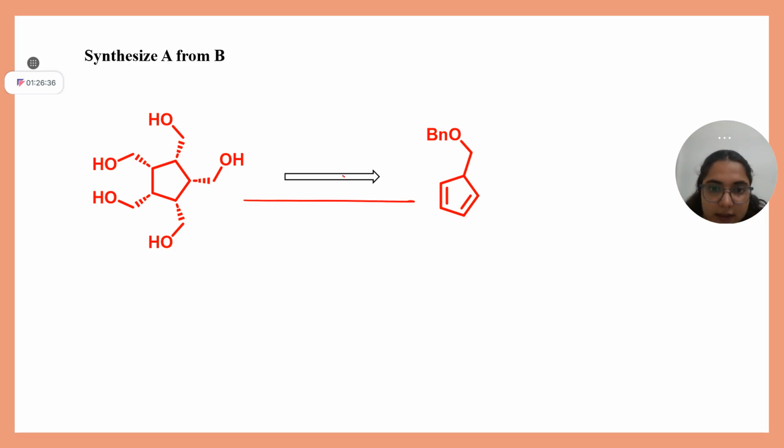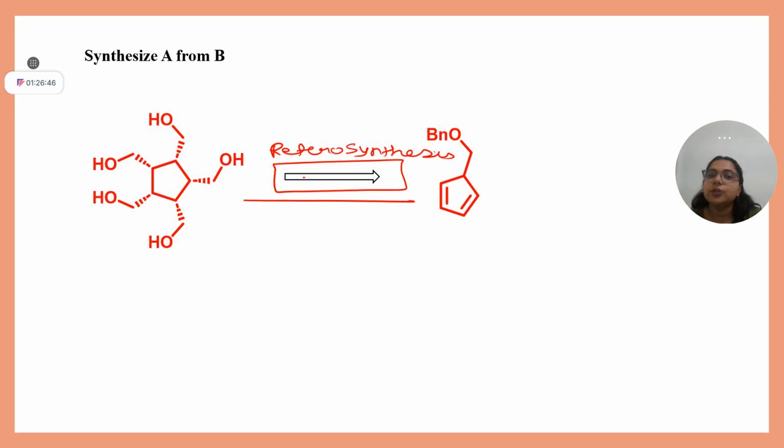This arrow is for retrosynthesis. Do you know what is retrosynthesis? You have to go back. No, ma'am. Retro means old days. Okay. So they are asking how can you make this product by using this cyclopentadiene? Could you think of any path?